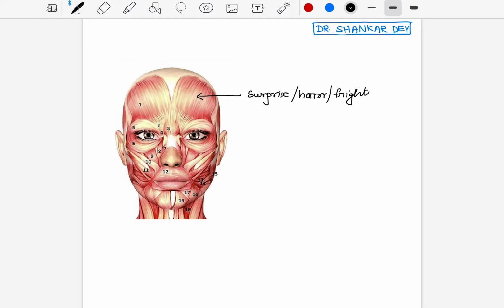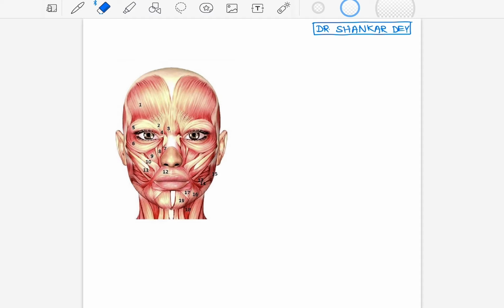What is the action of this muscle? This muscle produces transverse wrinkles on the forehead.